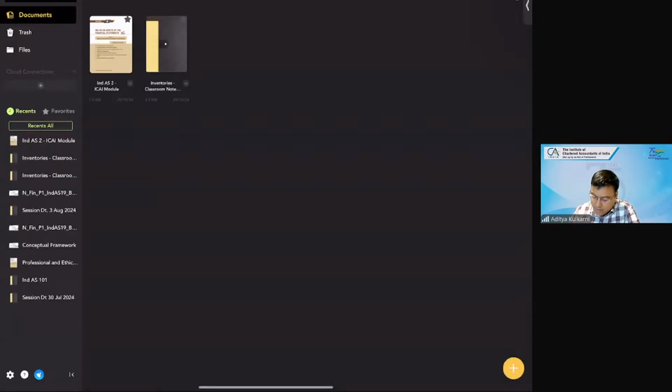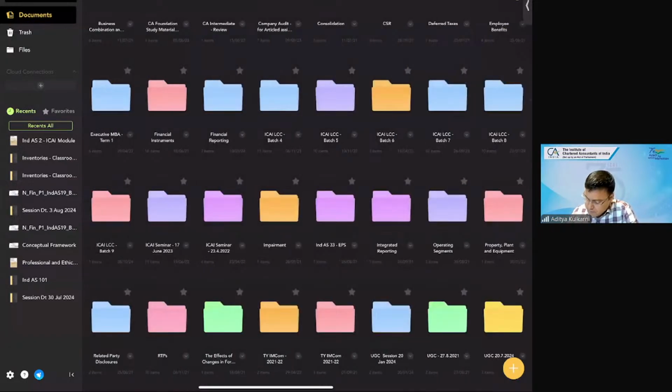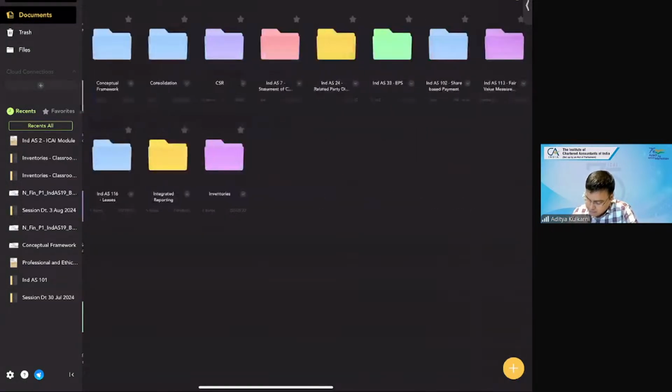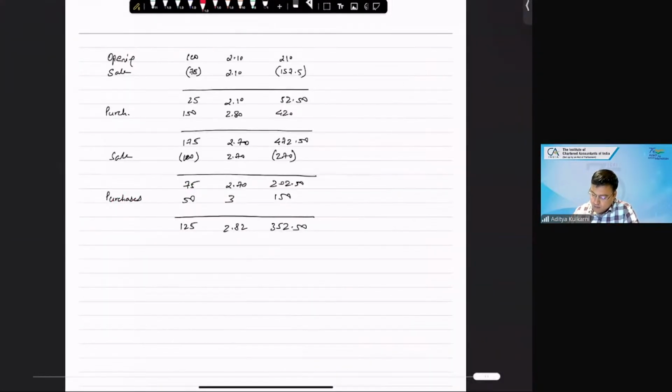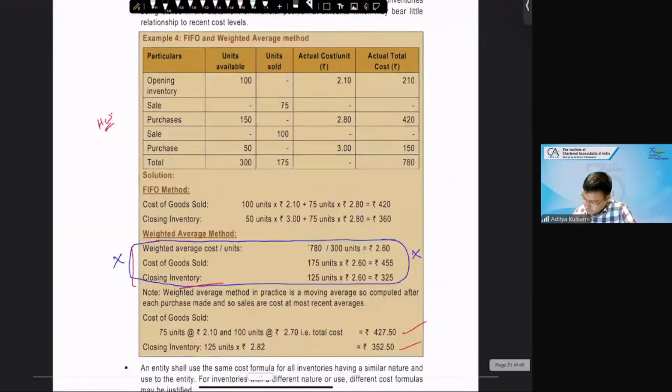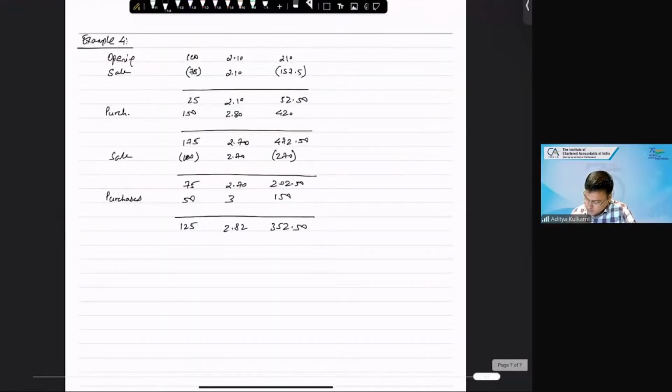I'll just show you the workings for this illustration. Where is it? Just check. It must be in an earlier batch. Yeah, so this is example 4. You can just take a screenshot of this. 427.